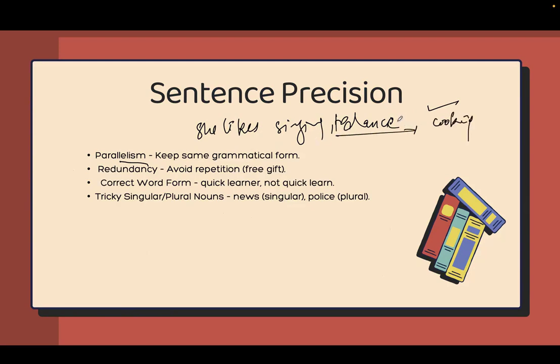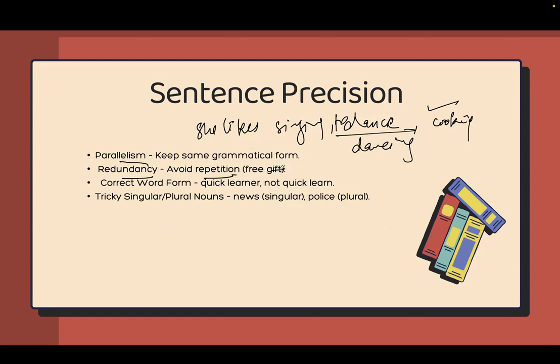We have to keep similar words together. She likes singing, dancing and cooking. This is also an error that can be there in the sentence, and it is quite easy to find errors like this.